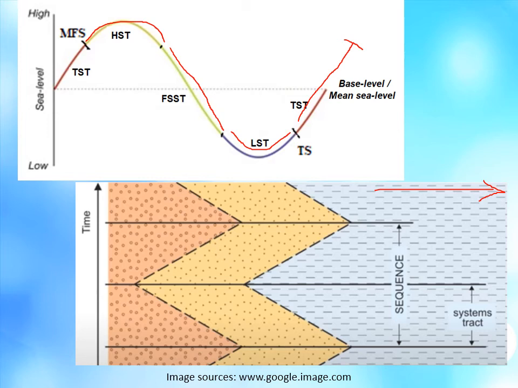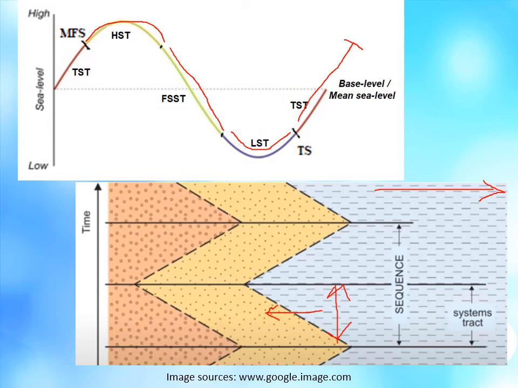That happens during a transgression. So this movement of the sedimentary record towards the landward part is formed due to transgression, and that is why all the facies shifted towards the landward part.